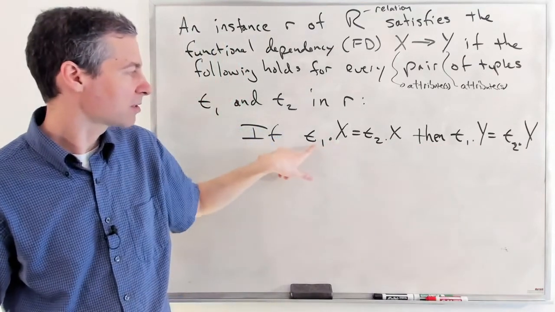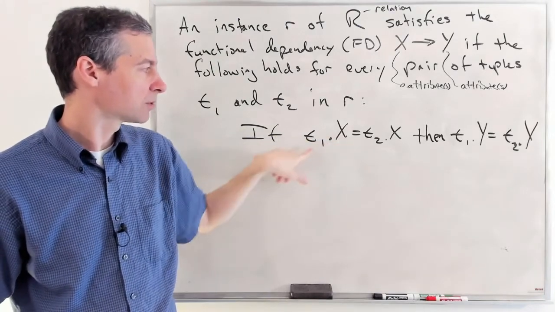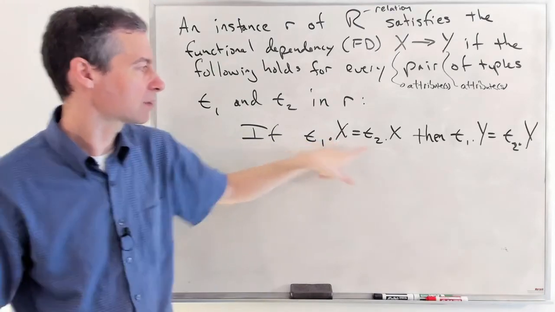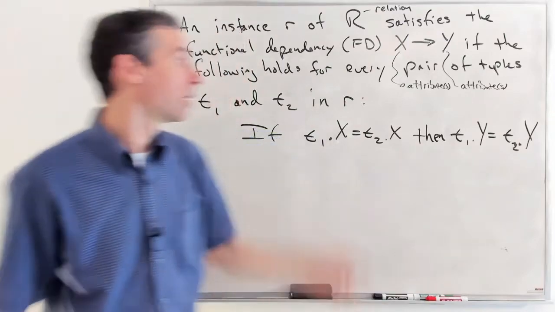So it's basically saying for all tuples, if we know what X is, we know what Y is.